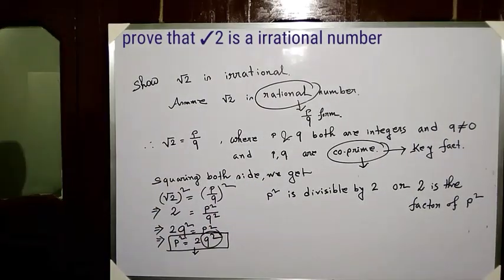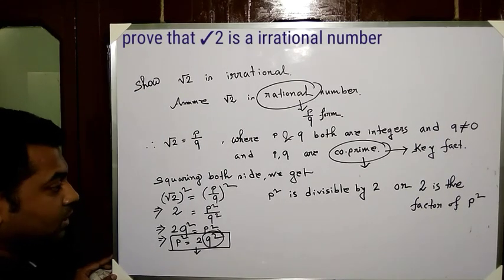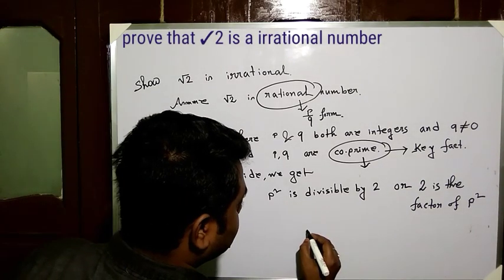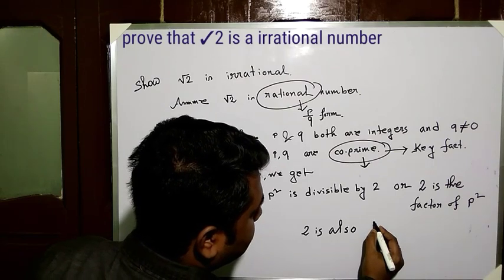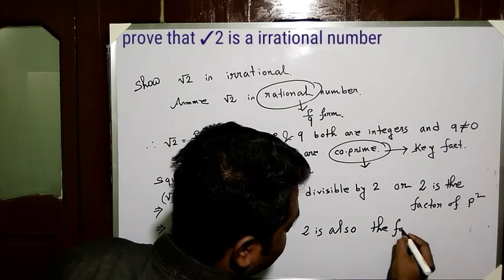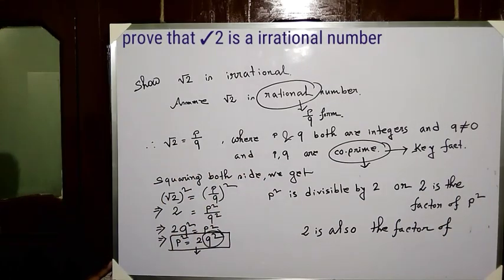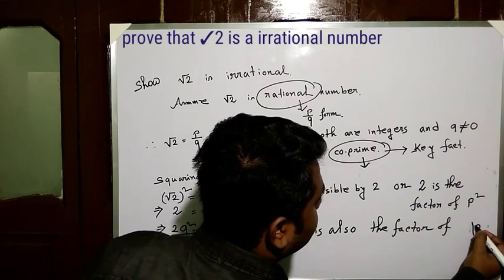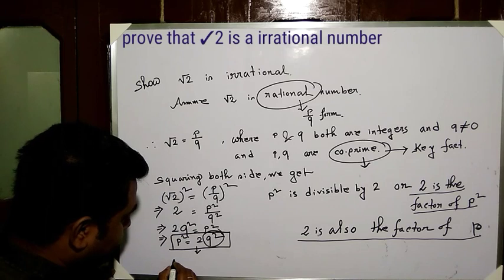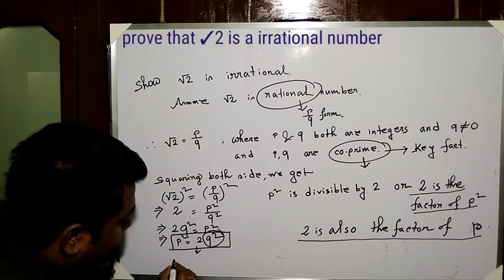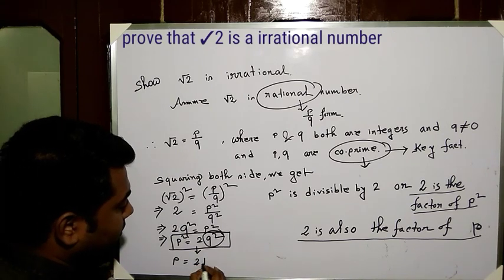Okay. Now if p square equals 2q square, then you can write 2 is also a factor of p. You can write p equals 2k.